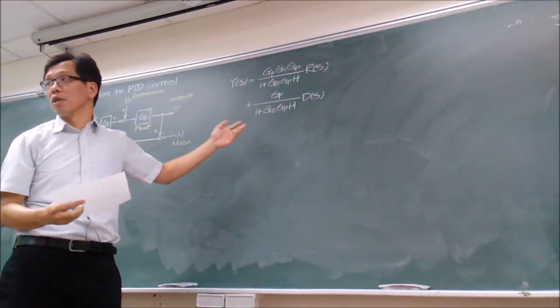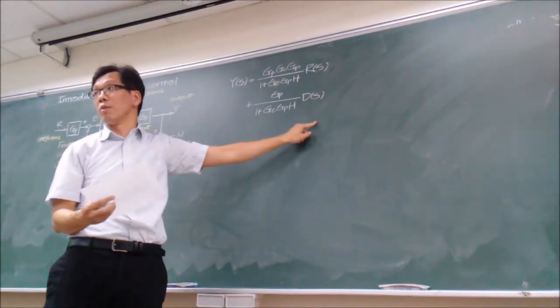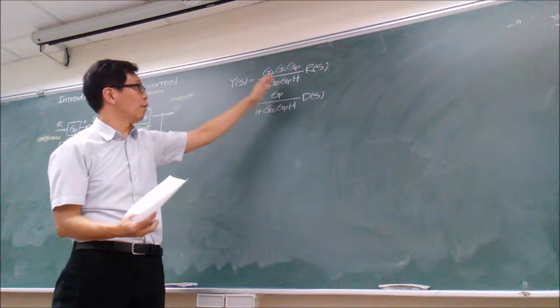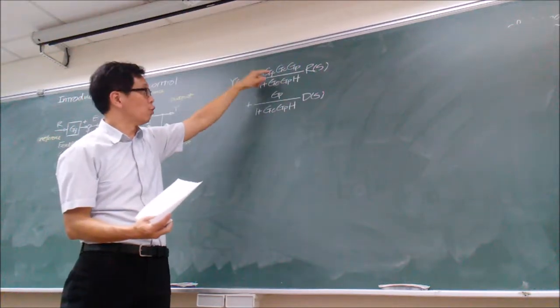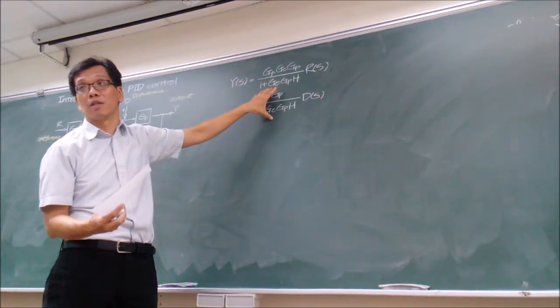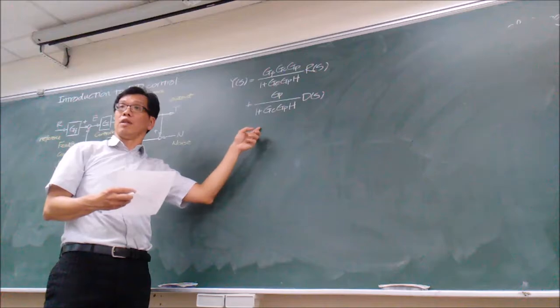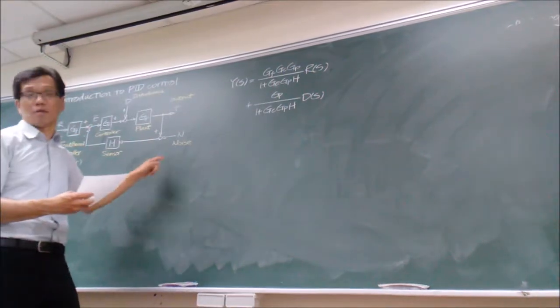You guys dealt with this thing earlier, right? You got two inputs. One is reference, the other one is disturbance. And we talked about if you have a controller which is large, then you should be able to get rid of the effect of disturbance, right? But this time, it's going to be different because we got the noise.